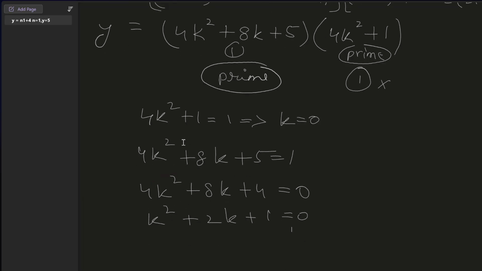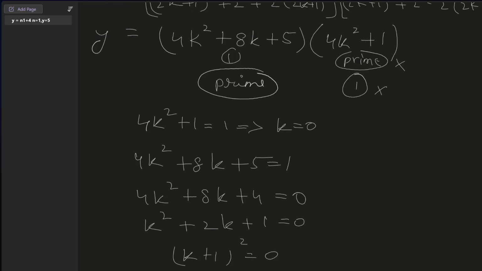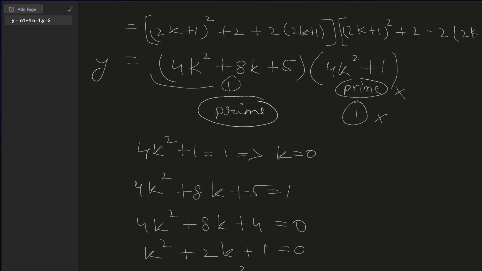This is basically (a plus b) whole square, so I can write this as (k plus 1) whole square, and we get the value of k as minus 1. Again, k is a positive integer, so this case is also rejected, which means that this number cannot be a prime number when k is a positive integer.